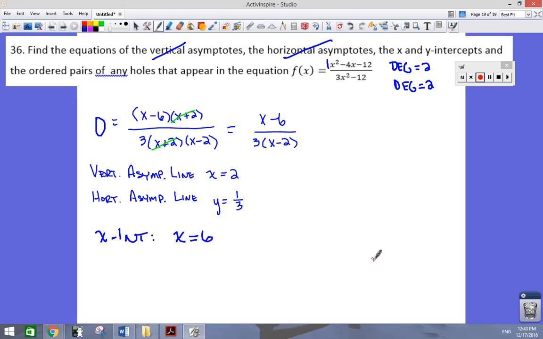Now for the y-intercept, I want to plug in x equals 0 into the original function here.